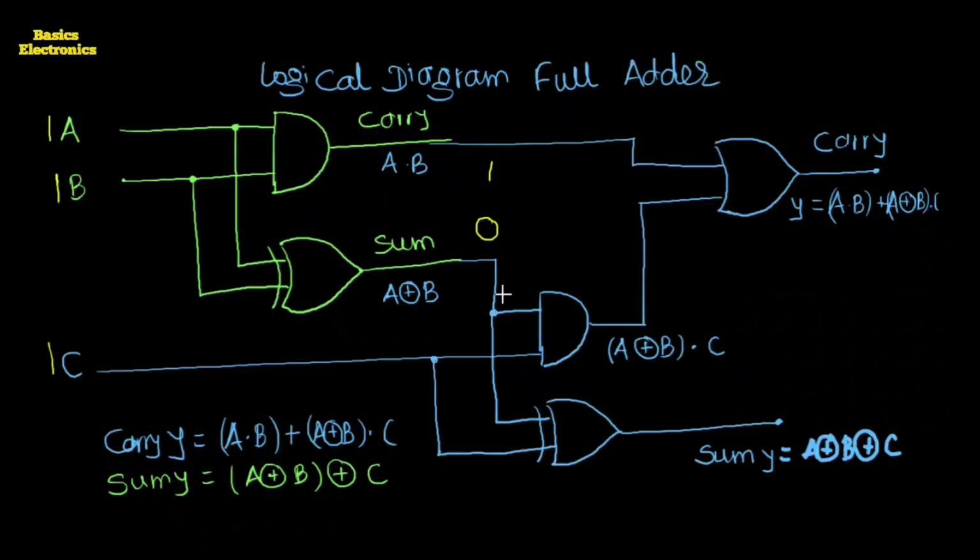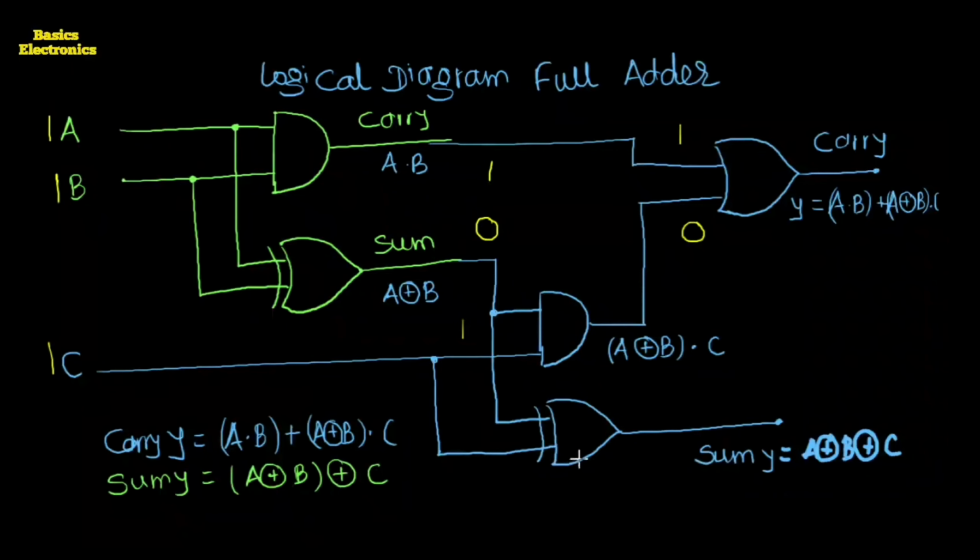So the inputs for the second half adder are 0 and 1. The carry generated is equal to 0 because one input of the AND gate is equal to 0. The first carry generated is equal to 1.